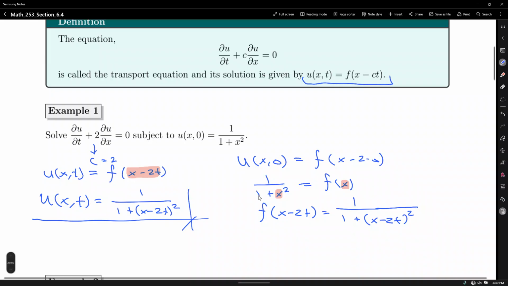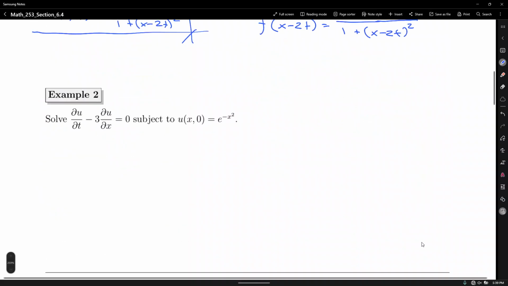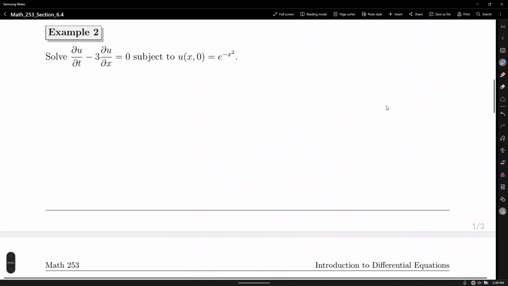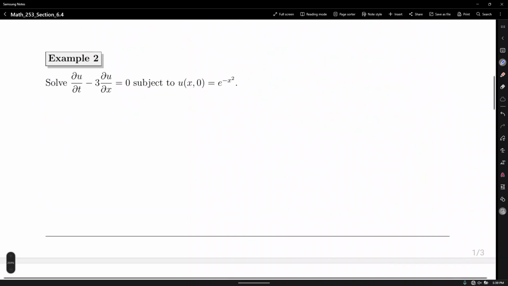Now let's have a look at another example. I'm going to do a bunch of these so you can see how they work. Solve the same transport equation, but in this case determine c equals -3. The general solution is some function of x minus -3t, that's plus 3t.